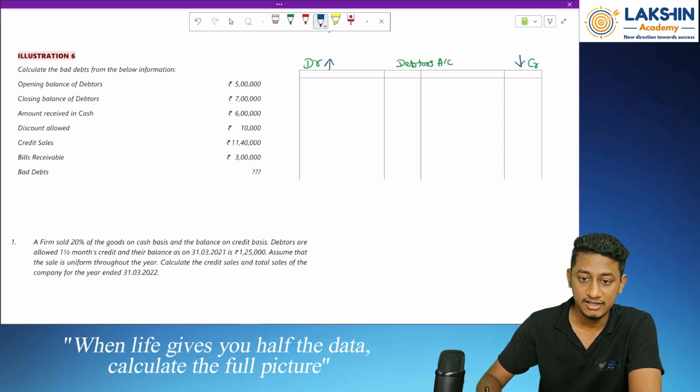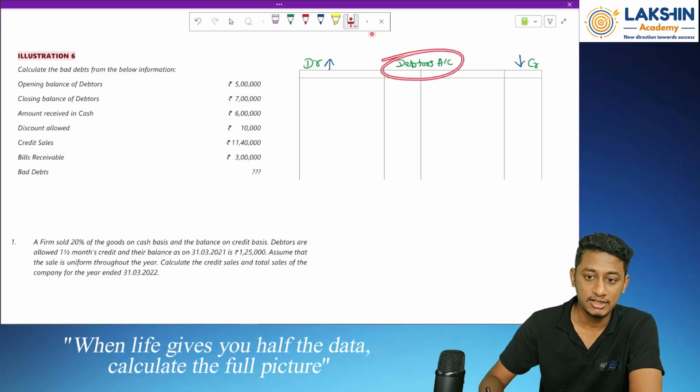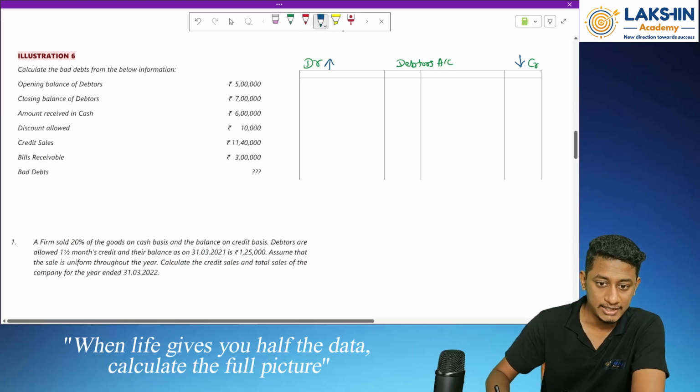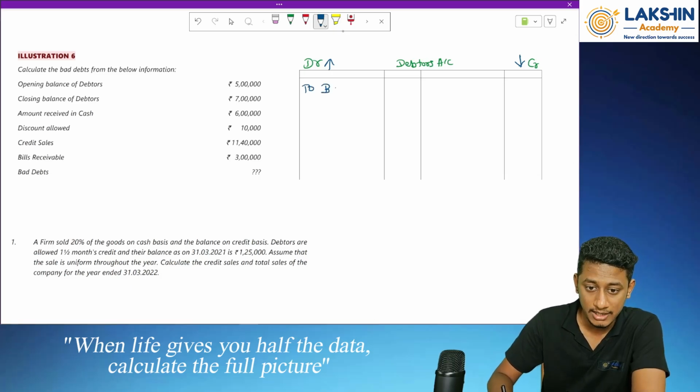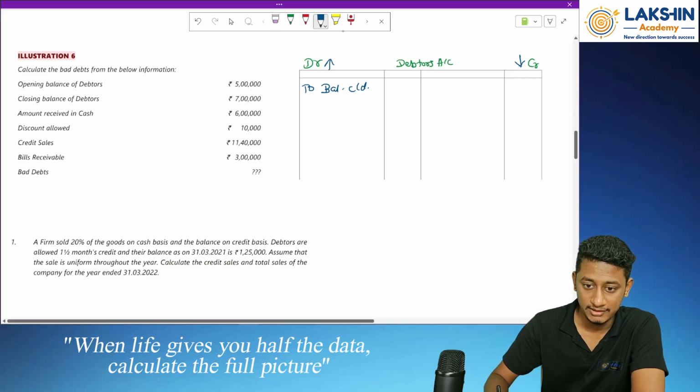It's an asset account, and for assets, every increase will be debited, every decrease will be credited. Remember this. Now let us pass the entries. The opening balance of debtors will come on the debit side because the debtors account will always have a debit balance. So, to balance brought down, rupees 5 lakhs.